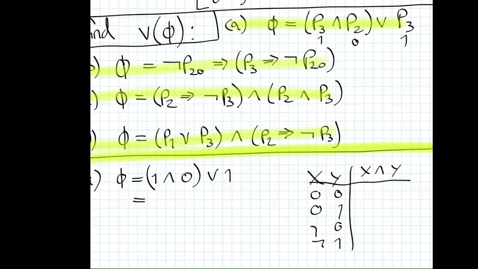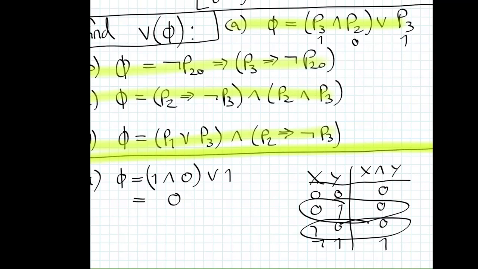We have 1 conjunction 0, so 1 conjunction 0 will be what? 0. This is just a reminder, so we know that will be 0 in whichever position that variable is, so the result will be 0.